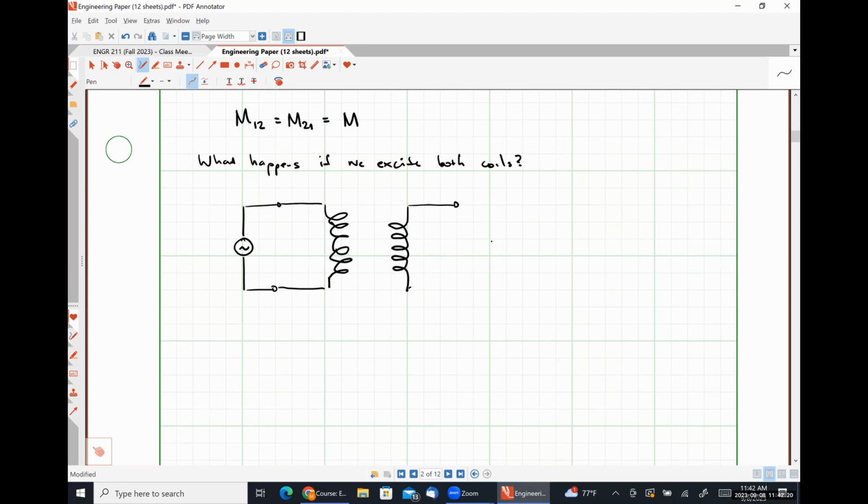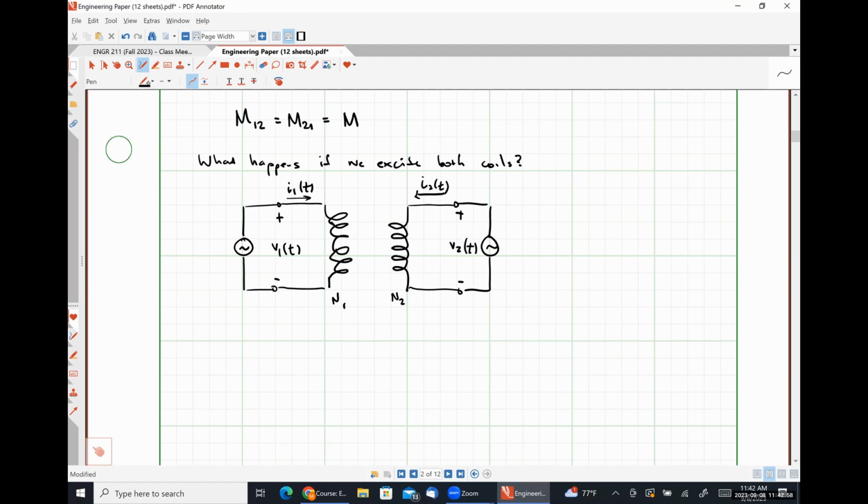Let's define our current I1 to be flowing this way, and let's say I2 is flowing in this direction. I'm going to define the positive polarity terminal of my induced voltage V1 on top, and I will define the positive polarity terminal of my induced voltage V2 on top as well.